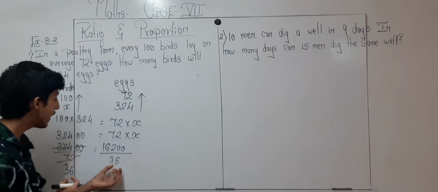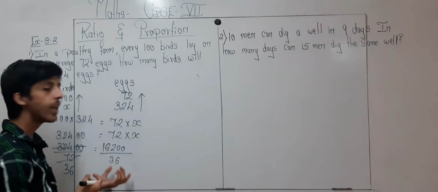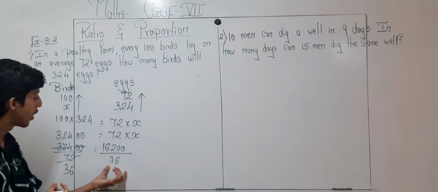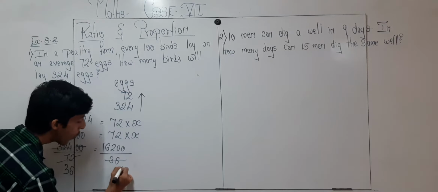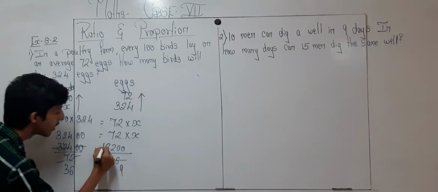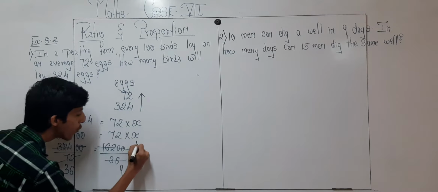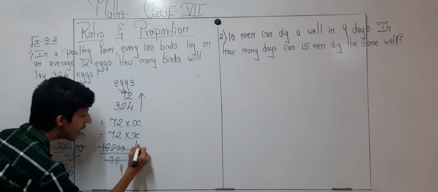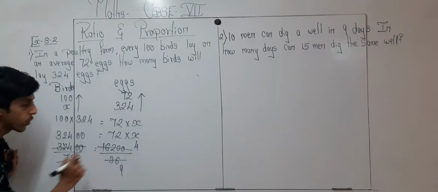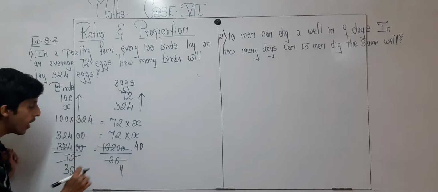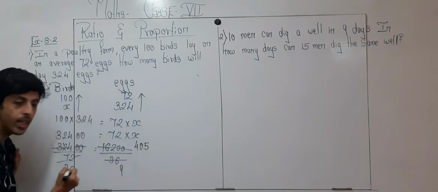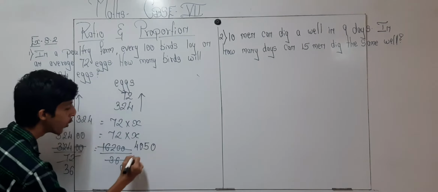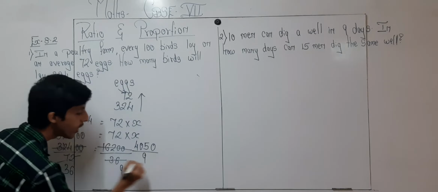Now if I am cutting it by 8, 4 9 are 36. 4 4 are 16. Over here in 4 table 2 is not coming. So what do we do? Add 0 over here. Now 20 is coming over here. 4 5 are 20 and over here is 0. So it is 4050 upon 9.